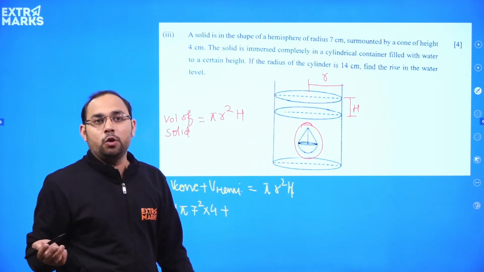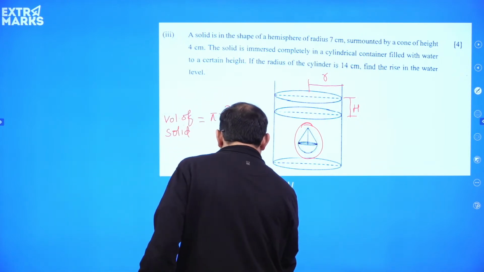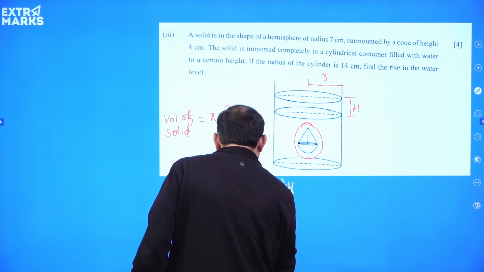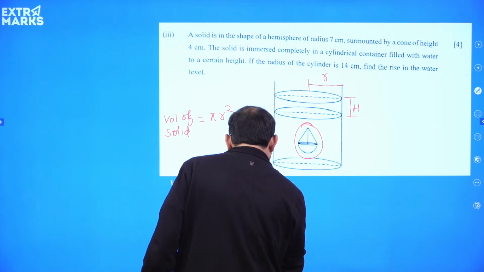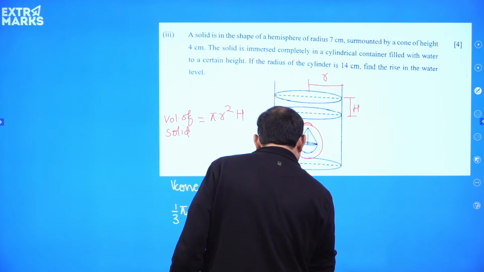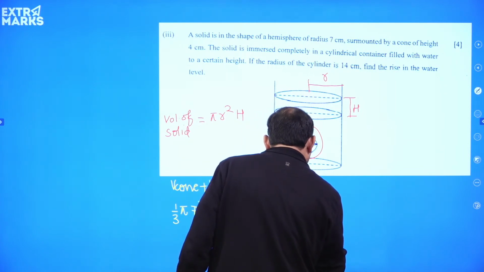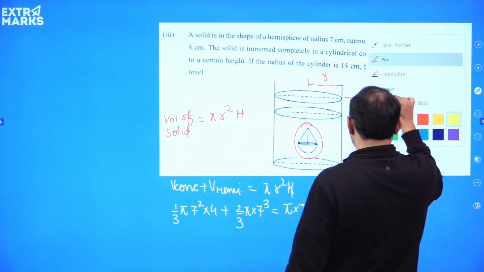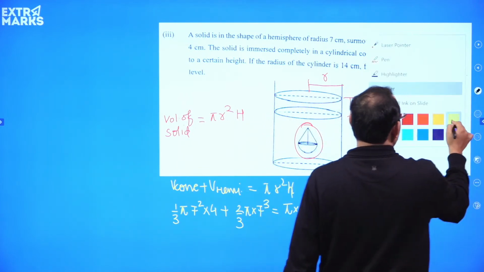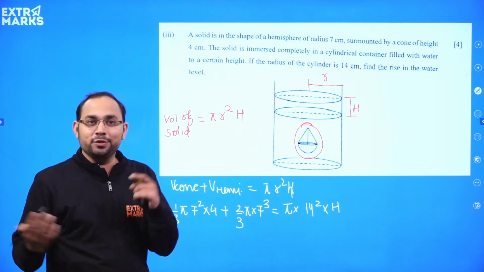Now hemisphere's volume 2 upon 3 pi r cube. So 2 upon 3 pi r cube equal to pi 14 square multiplied by h. So the only unknown is h. Basically I can leave at this point, you can easily solve it, but that is what we are here for.